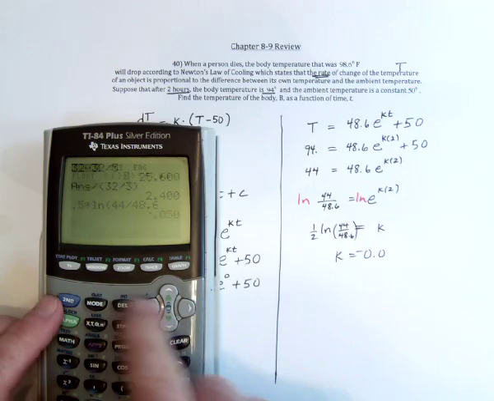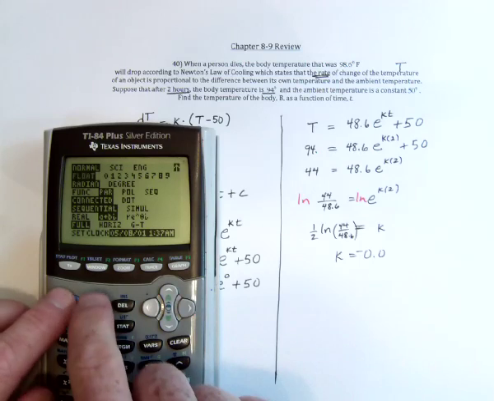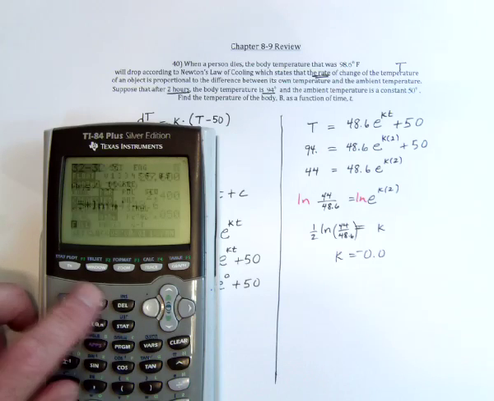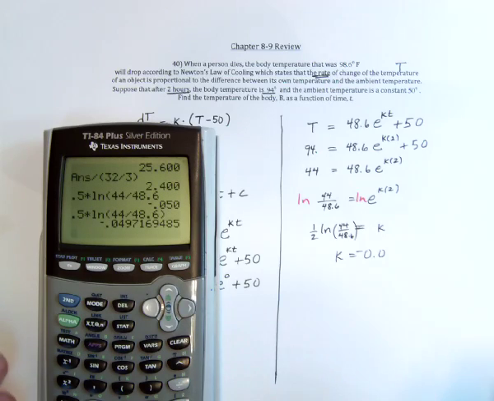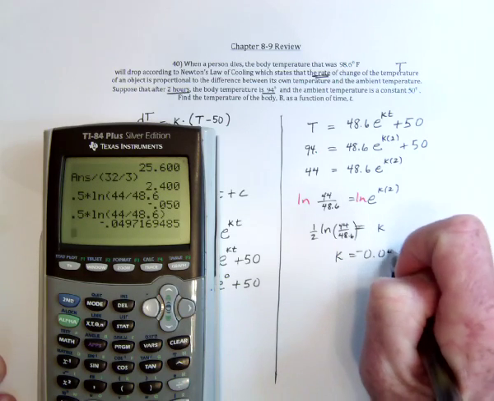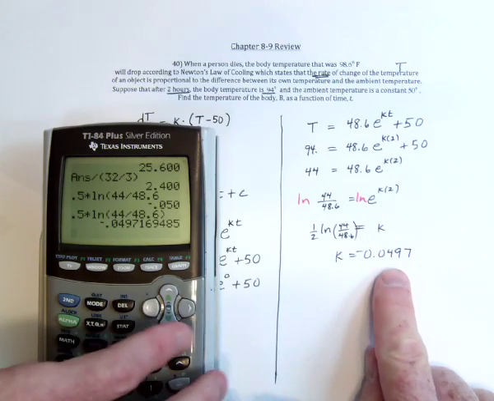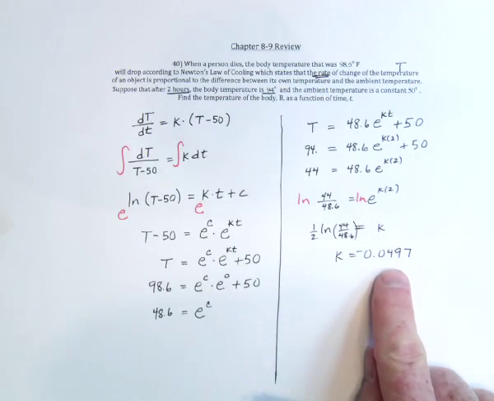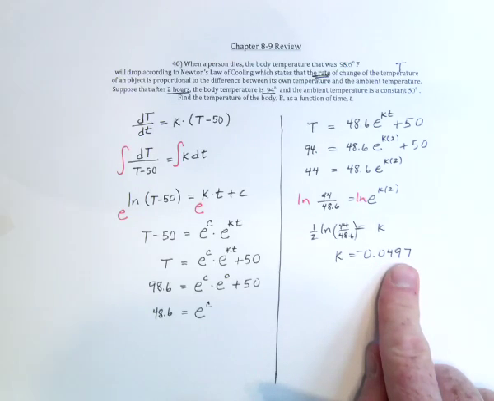Wonder if I could get a little more accuracy. 0.0497. So I like to deal with 3 significant decimal places. So the 0 doesn't really give you any information, so 3 significant decimal places here.